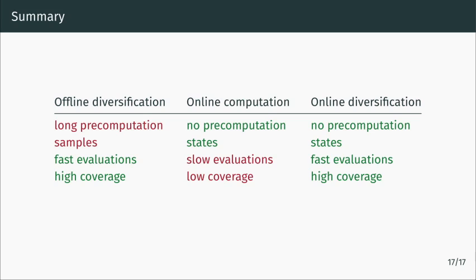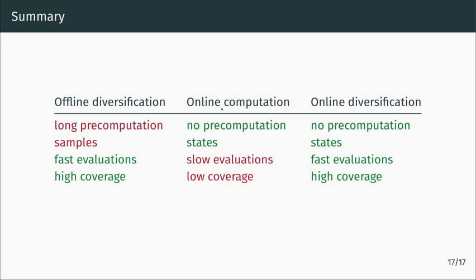So to wrap up, we have seen that offline diversification suffers from a long precomputation phase, and it has to use samples and can't work on really evaluated states. On the other hand, it has very fast evaluations and therefore high coverage.